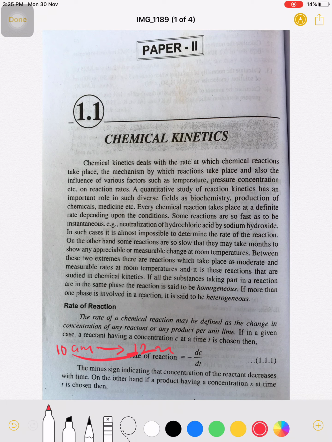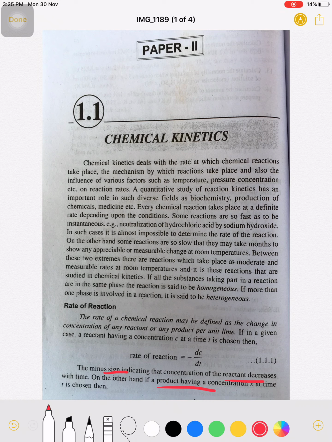Suppose after half an hour, how much reactant has changed into product is calculated by this formula, rate of reaction is equal to minus dC by dt. So the minus sign indicates that there is a decrease in the concentration of reactant, or on the other hand, an increase in the concentration of product.